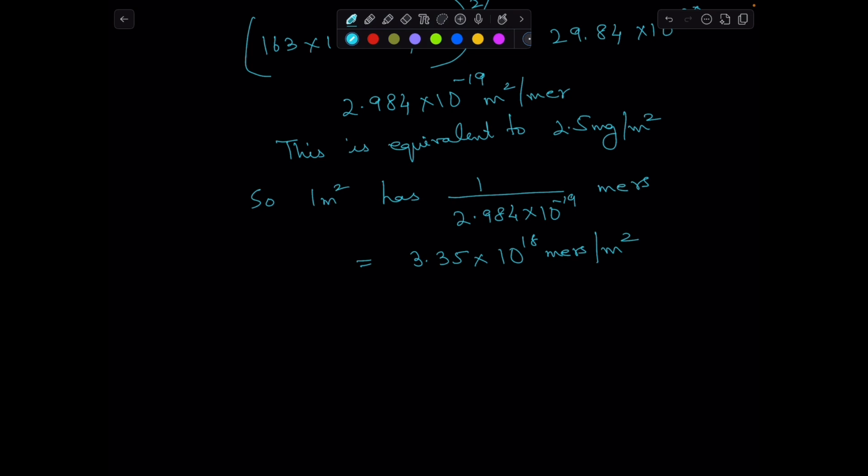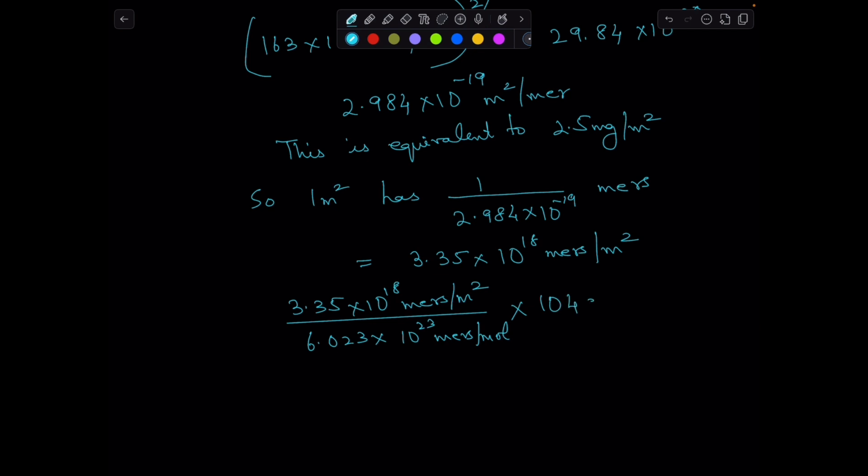Let's convert this to the mass in grams. We'll get 3.35 times 10 to the 18 mers per meter squared over the Avogadro number 6.023 times 10 to the 23 mers per mole, times the molar mass of a mer, which is 104 grams per mole.